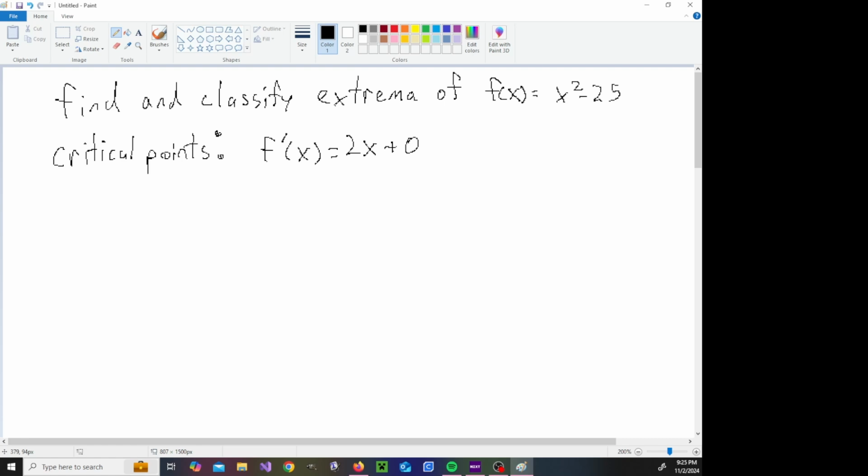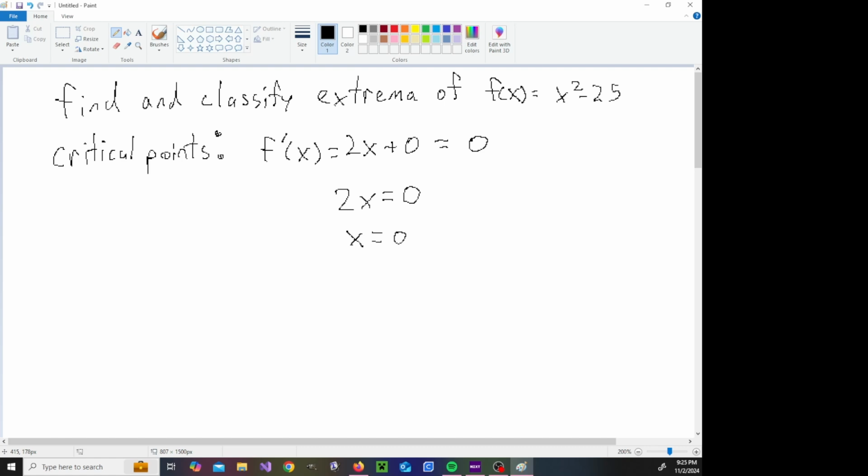So in order to find critical points, we want the derivative to be 0, which really means we want to find values where 2x is equal to 0. Well, how do I solve 2x equals 0? That means x is equal to 0.